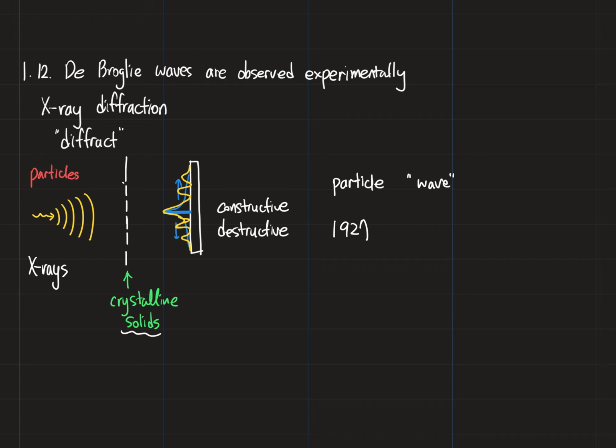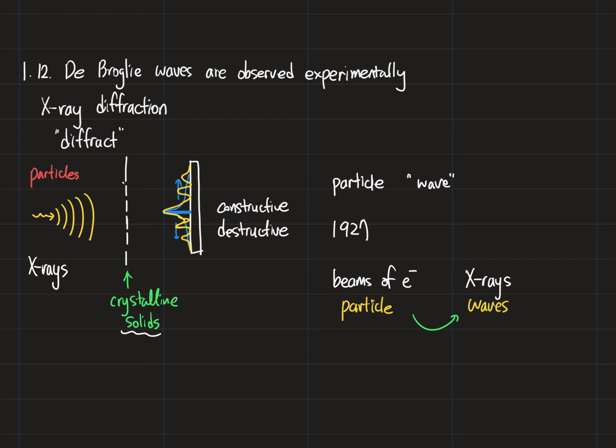So the beams of electrons and X-rays make nearly the same diffraction pattern. We think that electrons are particles and X-rays are waves, but this particle can make the same pattern as the wave made.